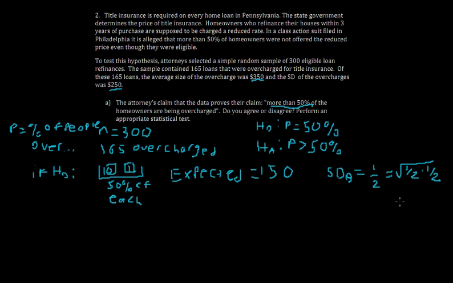Therefore, the SE of the sum is equal to 1/2 times the square root of 300, because that's the total number of draws. And that's about 8.66.